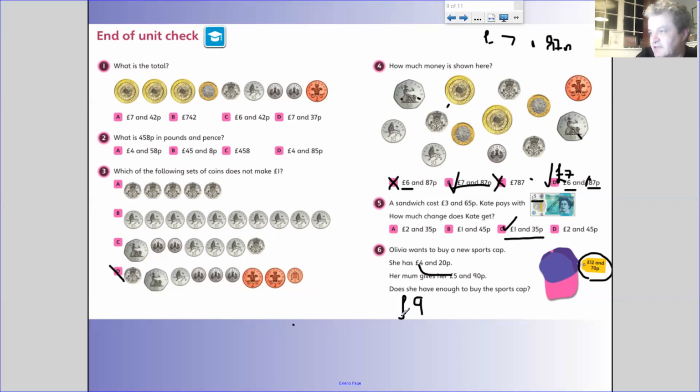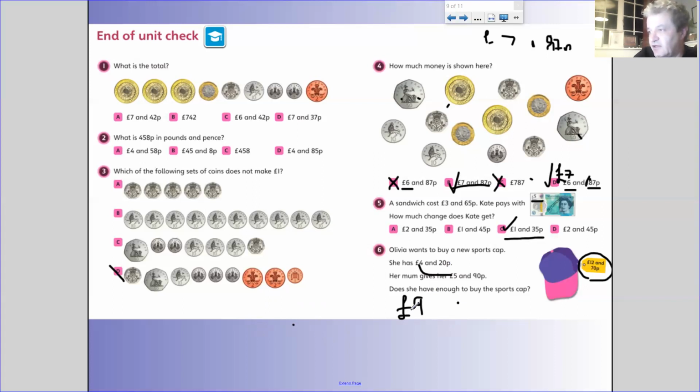Let's add the pence now. 90 pence, add 20 pence, 90 pence in my head, 90, add 10 pence would be 100 pence, 110 pence. 110 pence, which is equivalent to, what was 110 pence equivalent to? It's equivalent to £1 and 10 pence.